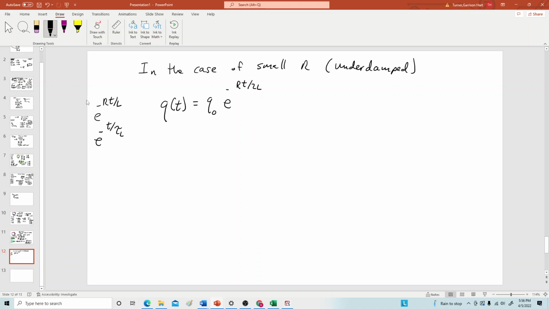So this is effectively equal to e to the negative t over 2 tau. The 2 just comes out of the way the math works for damped systems.